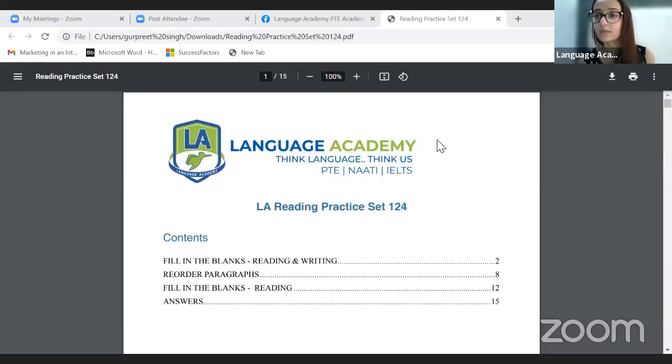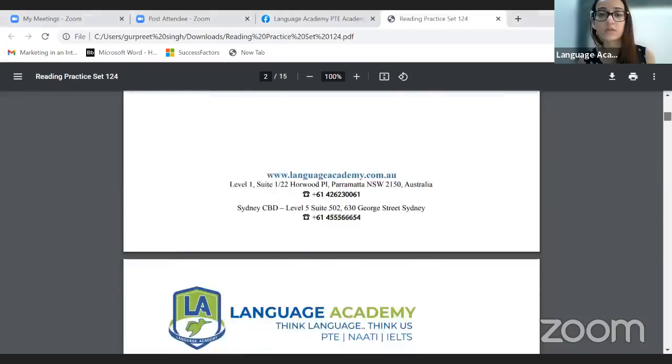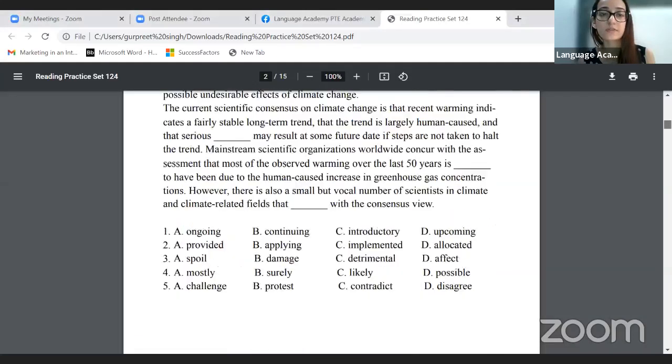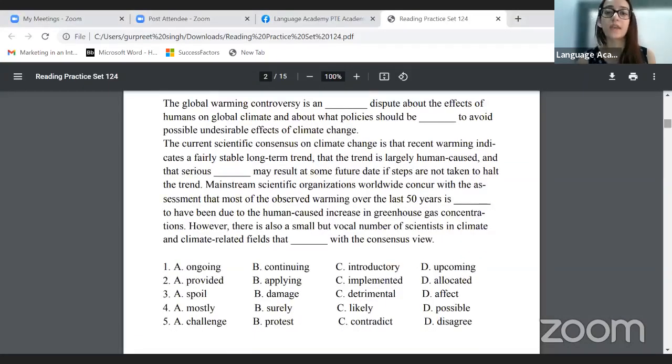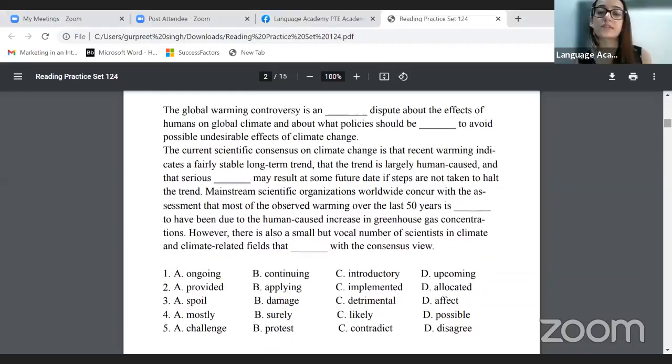So let's begin with today's test. We will start with reading writing questions. Here is the first question on the screen, and you have 2.5 minutes to post your answers in the chat box, after which we will have the discussion, followed by your queries or doubts if you have any. Please avoid asking for repetitions because in that case we won't be able to complete the test. So listen carefully when the explanation is going on.